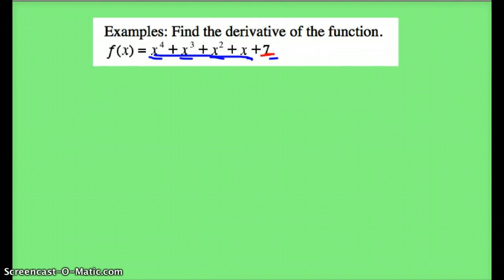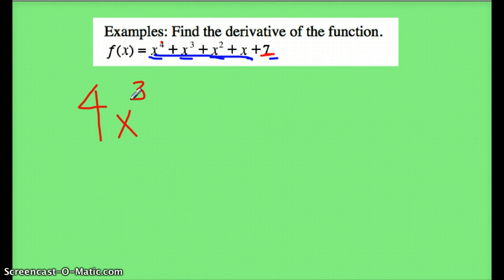If we do this, the power rule says take the power and make it the coefficient. For the first one, I'm going to take this 4 right here and make it my coefficient, put the x, and then I have to subtract 1 from my power. So 4 minus 1 is equal to 3.